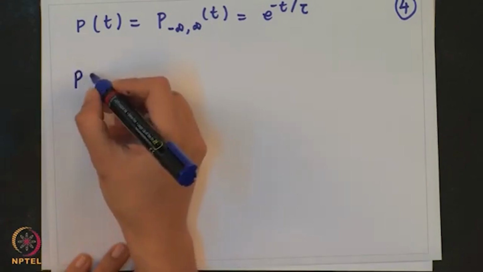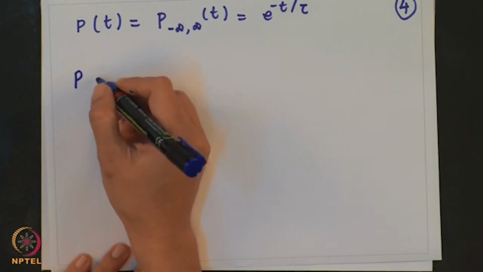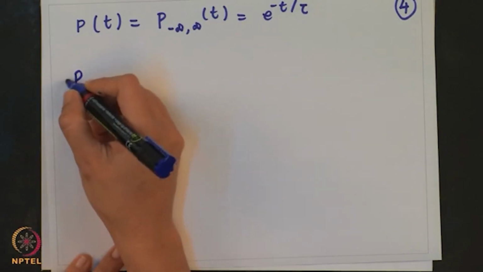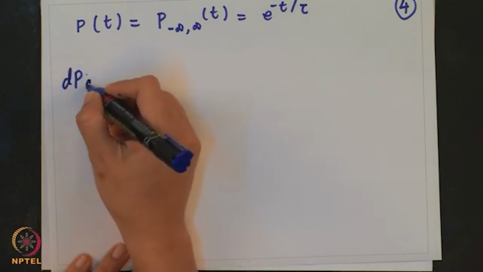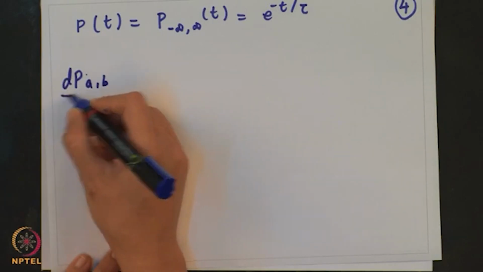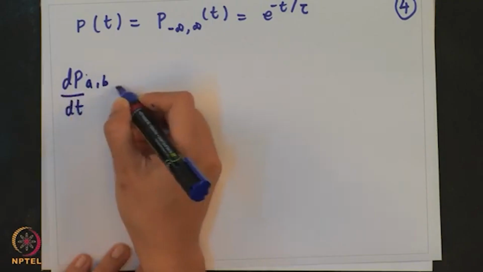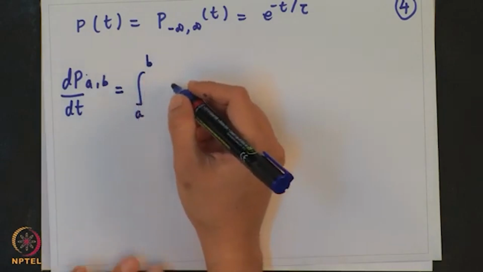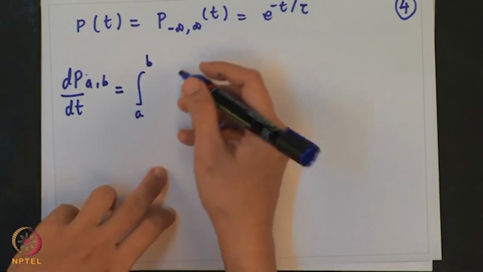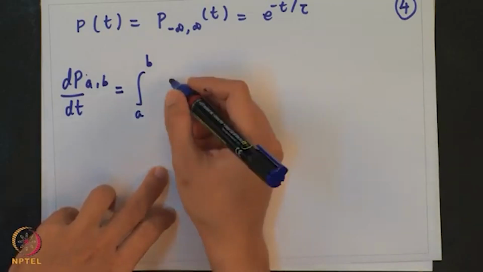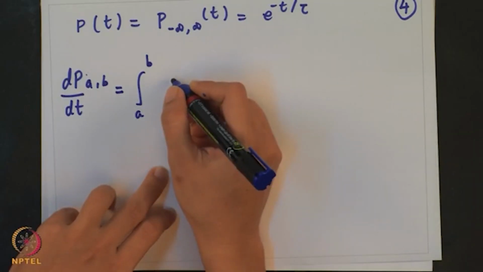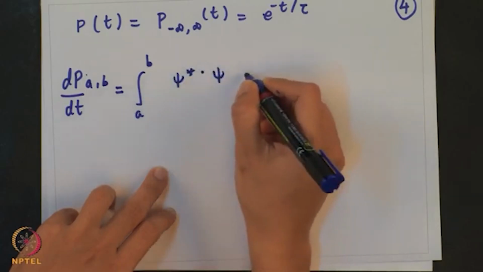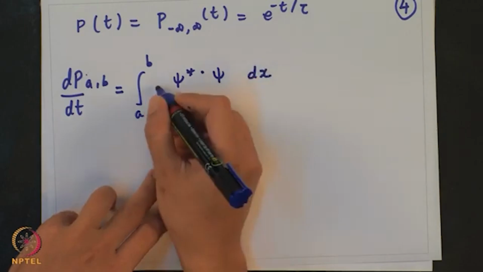So, now the probability is given by the probability density, which we calculated in the previous example. Let me write a shorthand notation again: P of t is equal to the integral from a to b of psi star psi dx, and then I take the derivative.